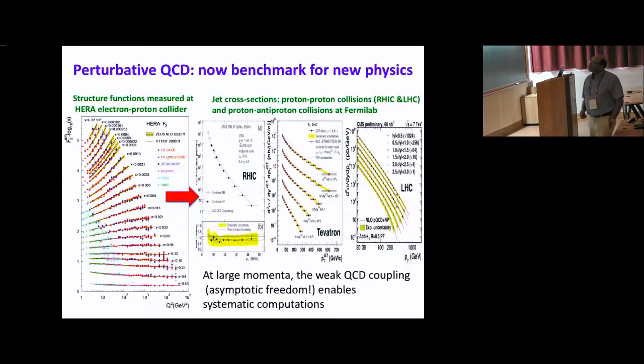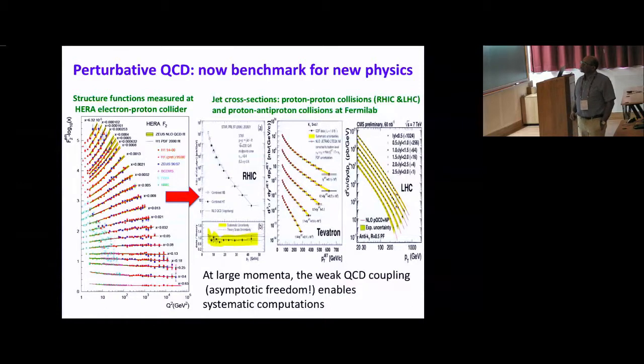So the remarkable success of QCD, or what we call perturbative QCD now, was that you could use this data and extract these parton distribution functions, as you learned for the last few days, and compute things in hadron-hadron scattering. So this was electron-proton scattering from HERA.